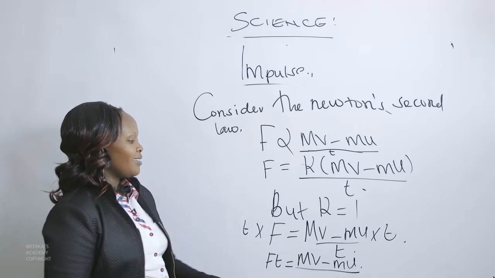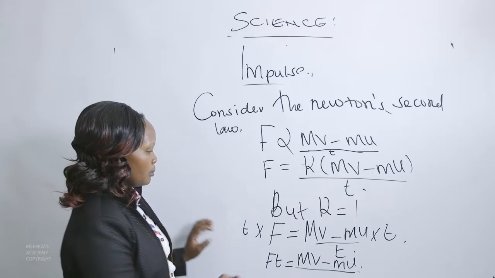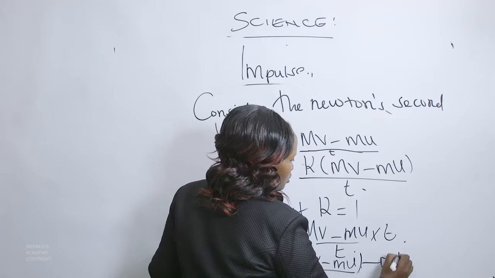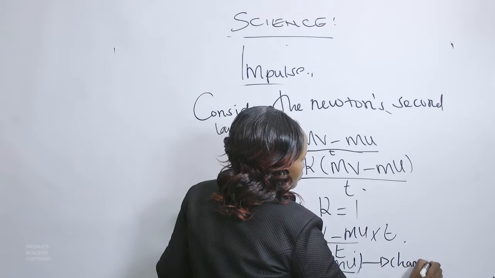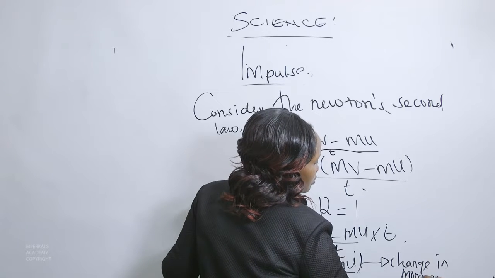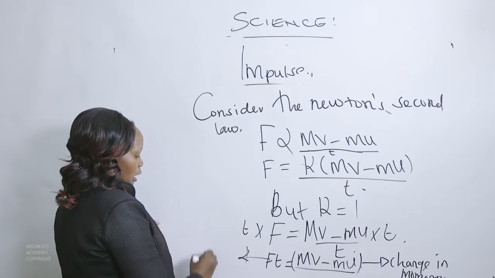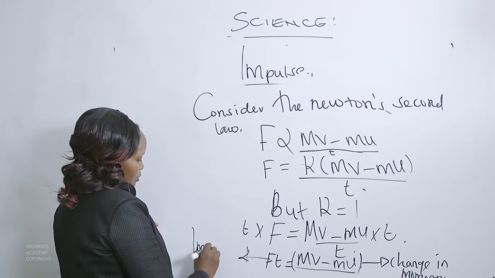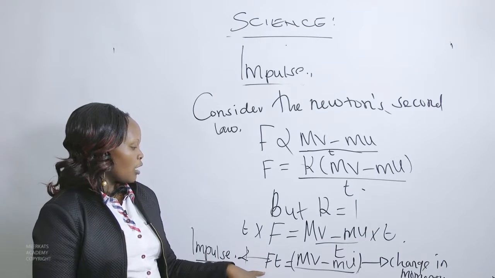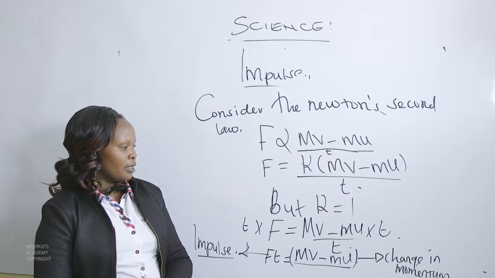And in this case, mv minus mu is our change in momentum. And on the other end, we have impulse, which is the effect of a force acting within a very short time.